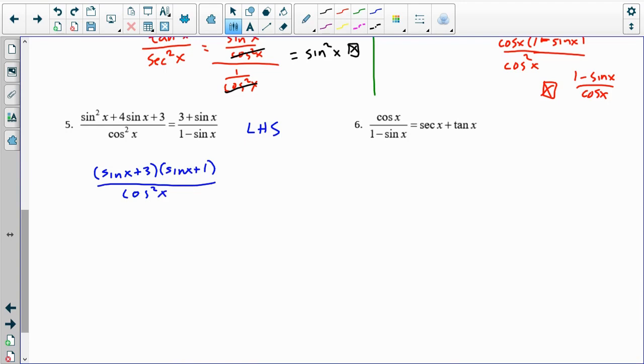Cosine squared, well, I can kind of take a hint from the right side. I'm going to need something to look like 1 minus sine. So I'm going to rewrite cosine squared as 1 minus sine squared, which is a Pythagorean identity. And this is starting to take shape, because now I can factor the denominator into 1 minus sine x and 1 plus sine x.